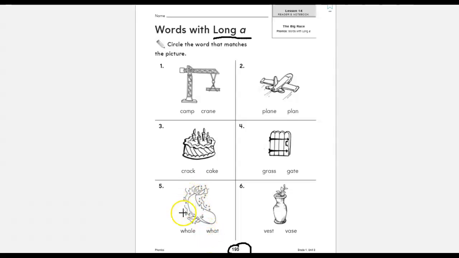On number 5, is this a picture of a whale or what? Circle the word that you think best fits. And on number 6, we have the words vest, vest, and vase, vase. On number 6, is this a picture of a vest or a vase? Circle the word that you think best matches the picture.